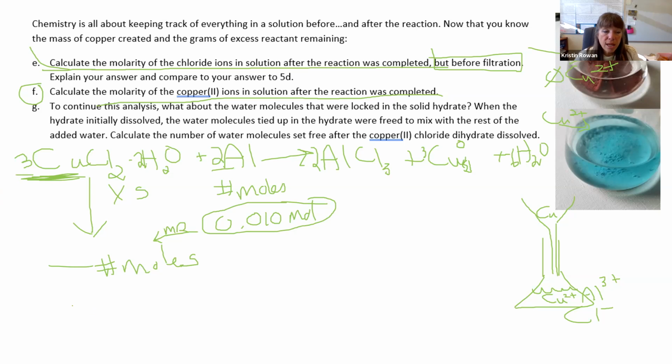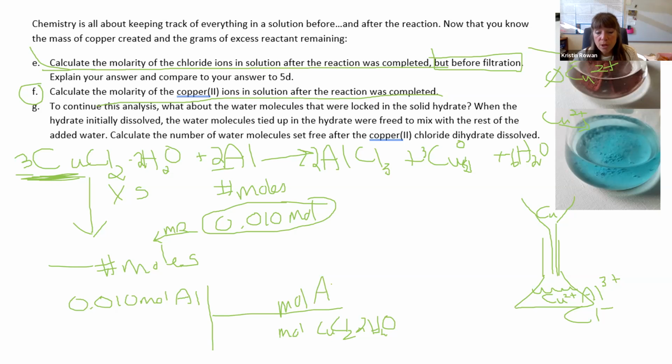So I would take this 0.010 moles of aluminum and convert it from moles of aluminum to moles of CuCl2·2H2O, using the mole ratio, and that's a 2 to 3.